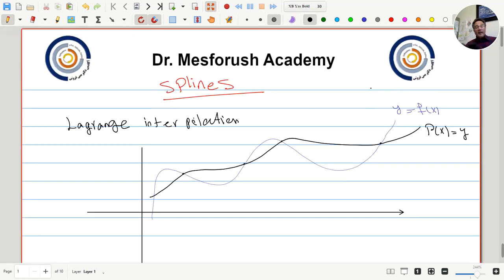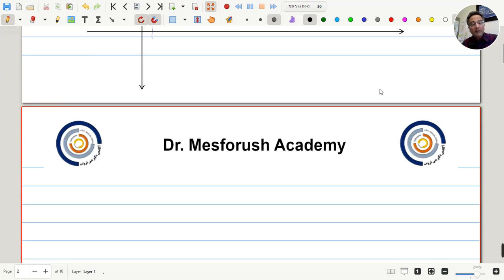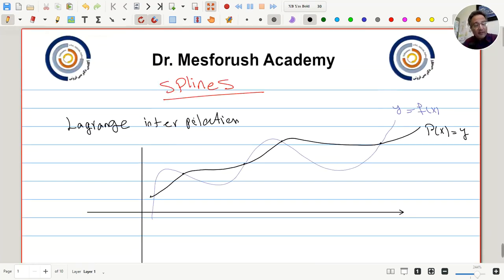But we have one more thing. This is a continuous interpolating polynomial, and p of x is a polynomial of degree n, for example 5, 4, 6, and so on.